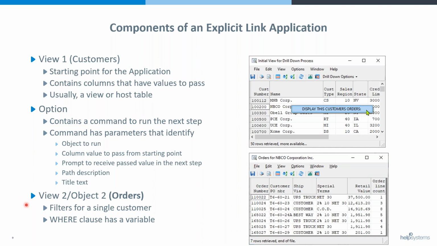That command is going to contain information to drive and call view 2, the second step, because that's where we're passing the value from the first view or result into a variable in the second. So just three things. It could be as simple as a view with a prompt, and a little option.